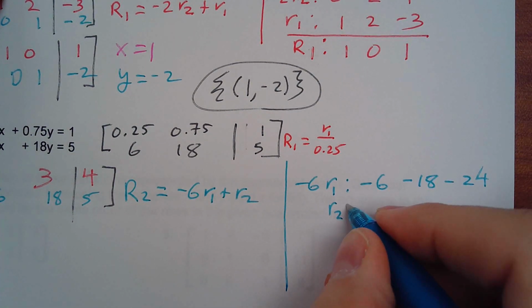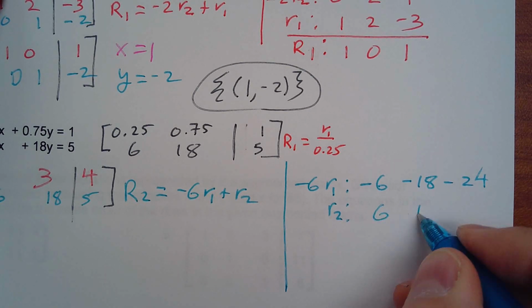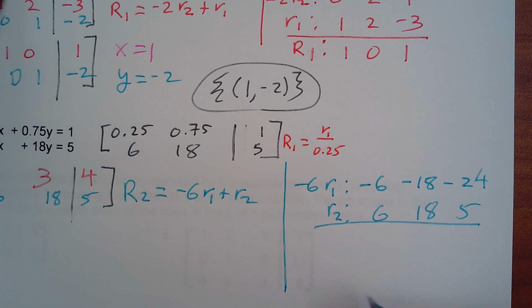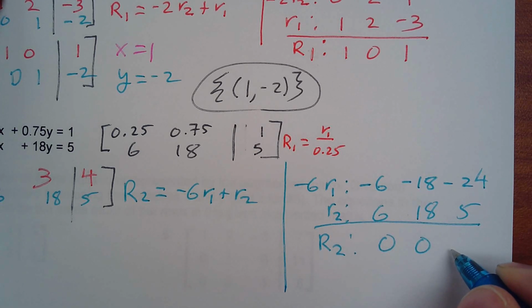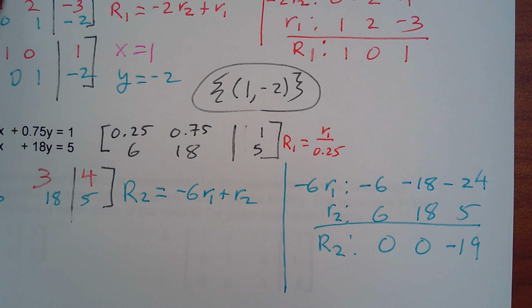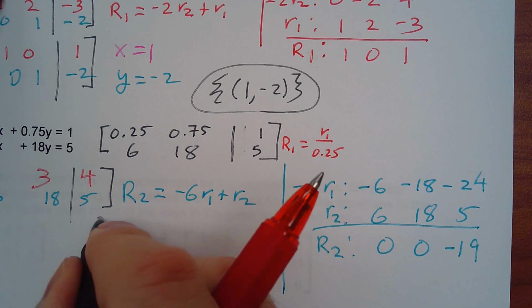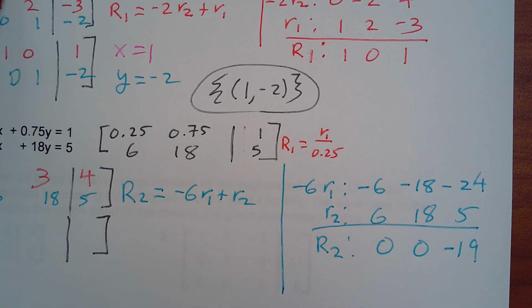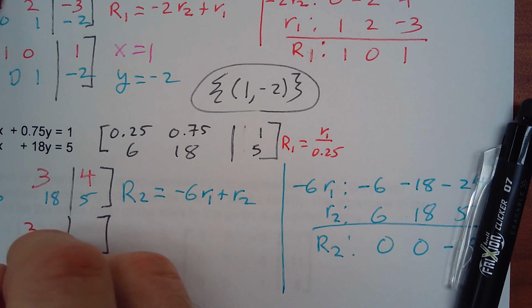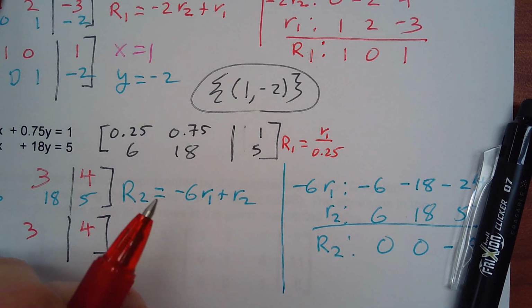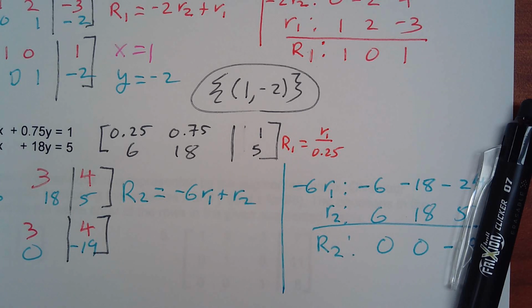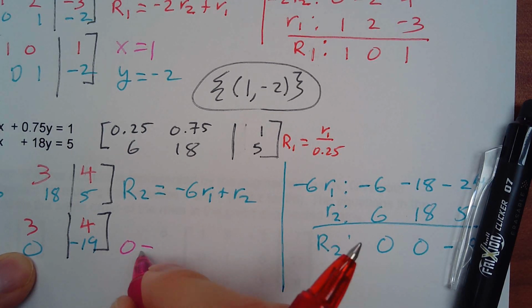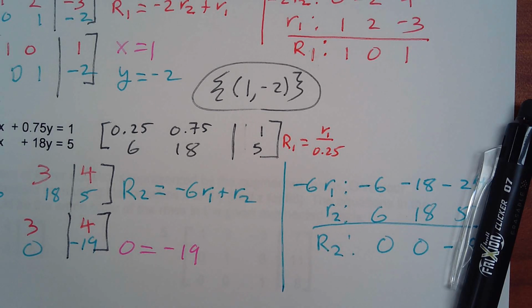Row 2, just copy down 6, 18, and 5. Add them together, it gives me my new row 2, which would be 0, 0, and -19. So this would be 1, 3, 4, 0, 0, -19. And right here, we can't go any further because I didn't get a 1 there. This means that 0 equals -19, which means no solution.